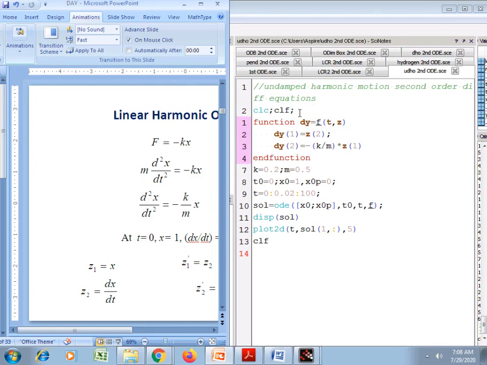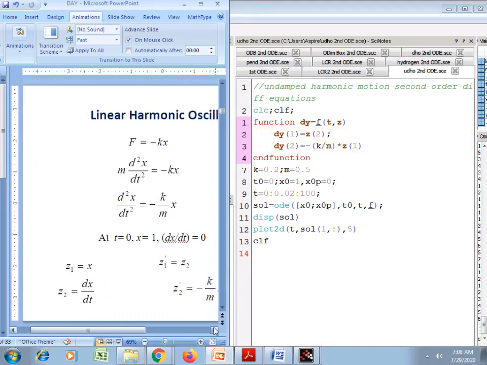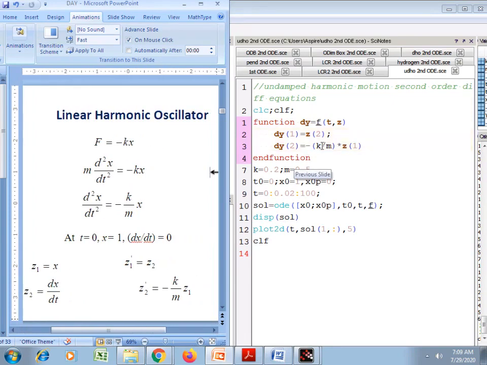Then the function is defined, dy is equal to f of t, z, where dy1 is equal to z2 and dy2 is equal to minus k by m into z1. End function. Then set the values of constants.